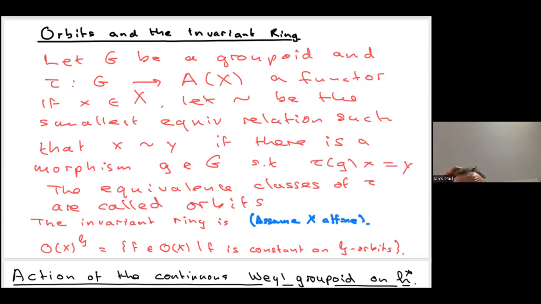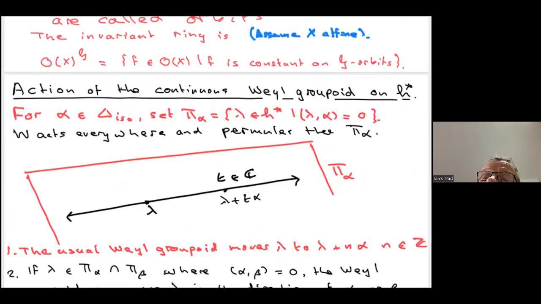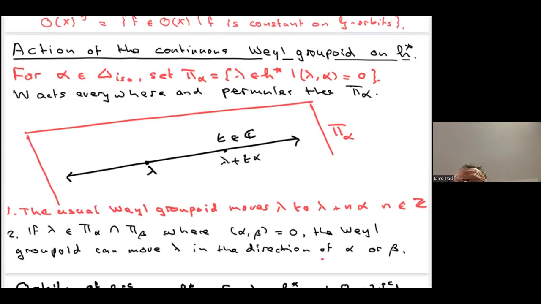So the groupoid does not act on the ring, but you can still define an invariant ring, which consists of all functions that are constant on orbits. Now, unfortunately, for the usual Weyl groupoid, the orbits are not closed, and that is a bit of a problem. We can fix it by introducing a continuous Weyl groupoid.